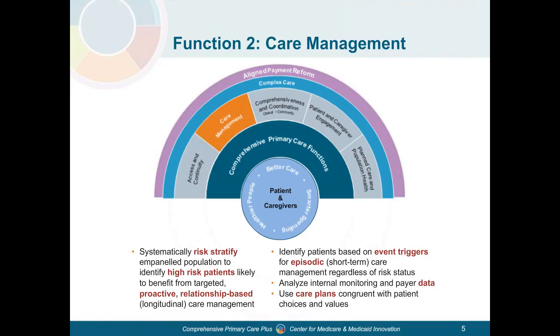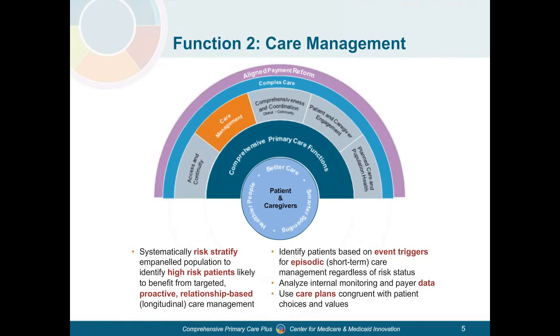The other kind of care management is episodic care management. This approach really involves identifying patients based on triggering events. Those events might be transitions of care from different settings, hospital, ER, skilled nursing facility, or even maybe a new diagnosis of a major illness.